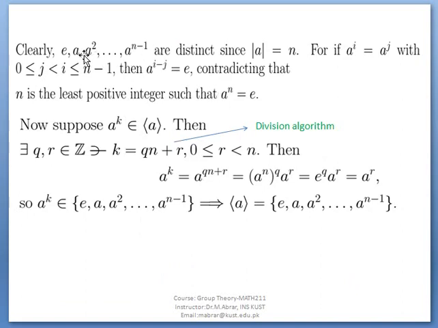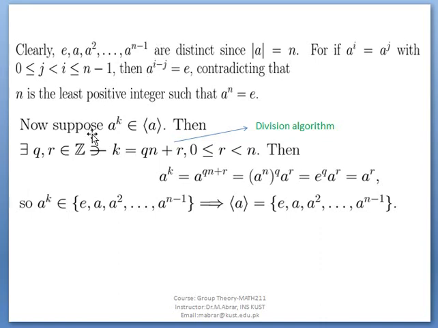It's quite clear that these powers are distinct, because if we assume they are the same, then we will get a contradiction: say j is less than i and i is less than n minus 1, then we would get e, and definitely it will contradict because the order of a is n. So all these powers are distinct.